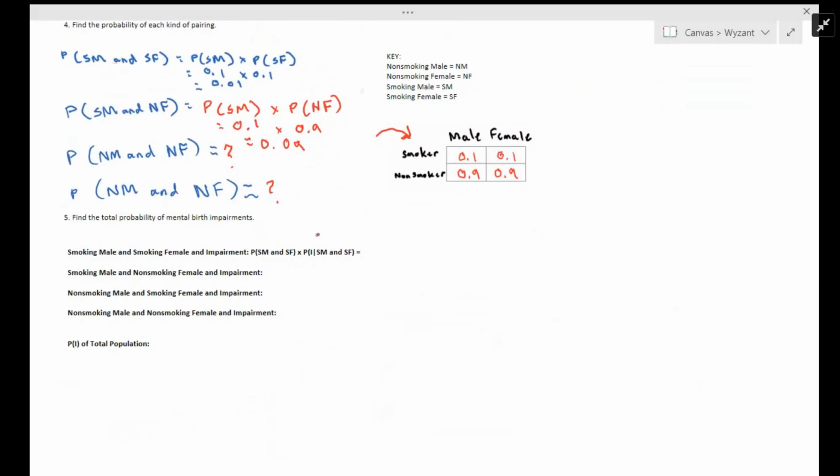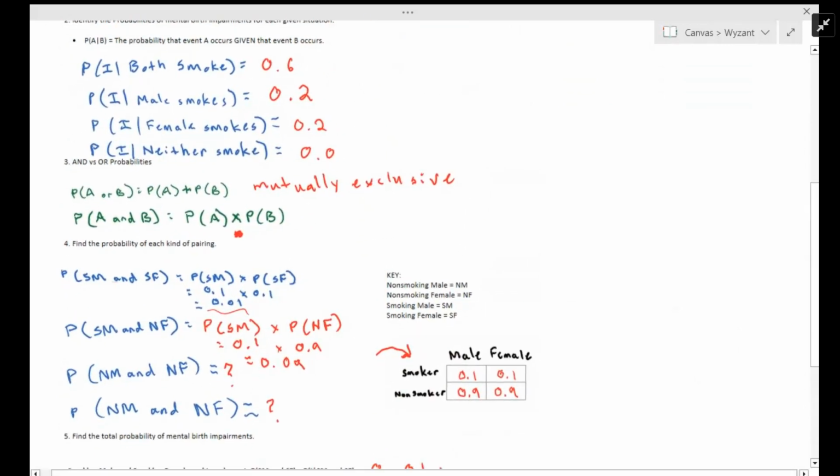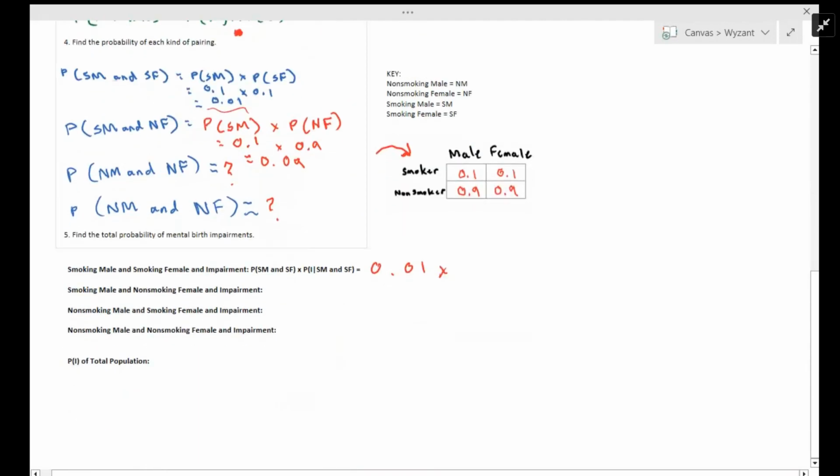So we know smoking male and smoking female give you 0.01 probability. We're going to multiply that by the impairment given that both smoke, which is 0.6. So to multiply, we get 0.006.